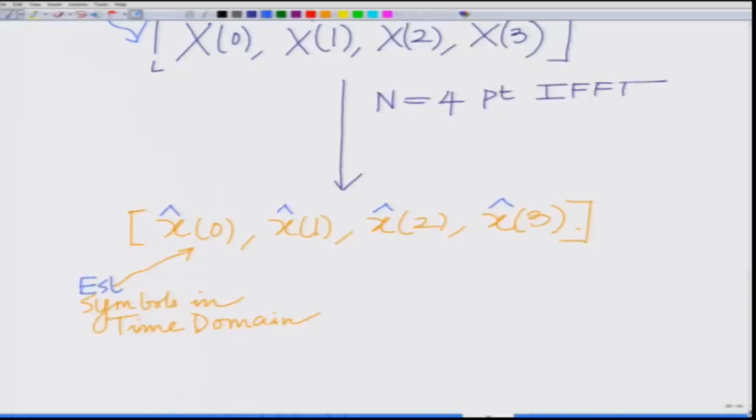So, what we are saying is the samples, that is the capital X's, are generated by the FFT of the symbols, right. So, if I take the capital X's and perform the IFFT, naturally I can generate the symbols in the time domain. However, what I have from the frequency domain equalization is estimates of the FFT coefficients, the capital X's. Therefore, if I take the IFFT, naturally I can generate the estimates of the symbols, that is the small x's in the time domain.